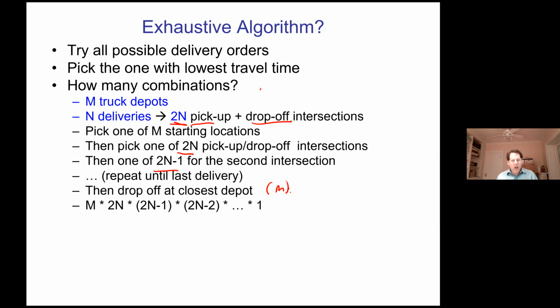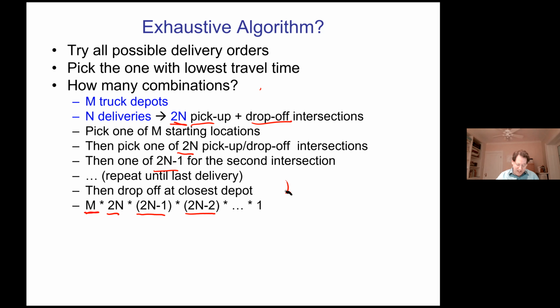So how much is that? I have to pick one of M depots to start at, and then it's factorial. I needed to pick one of 2N intersections to go to next, pick up or drop off, and so on. As I complete deliveries, there are fewer choices, but still quite a few. So this is factorial.